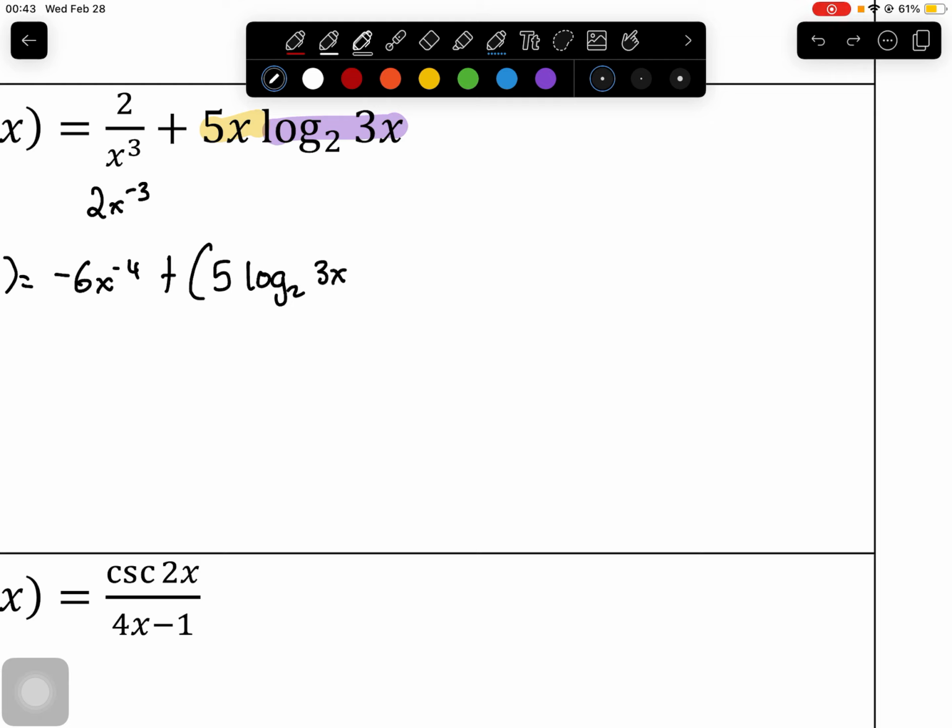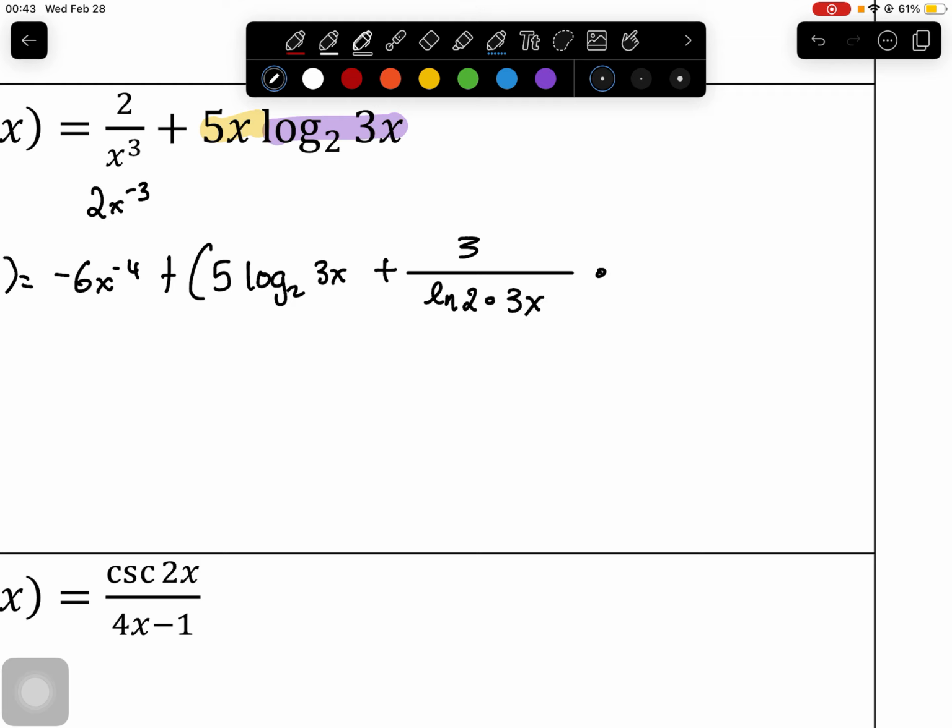And all of this is going to be plus the derivative of log base 2 of 3x, which is going to be 3 over natural log of 2 times 3x.